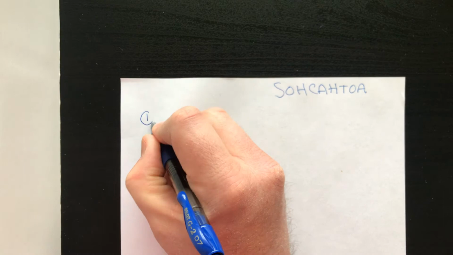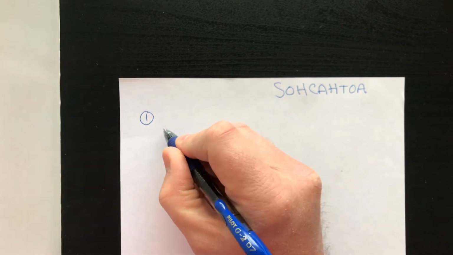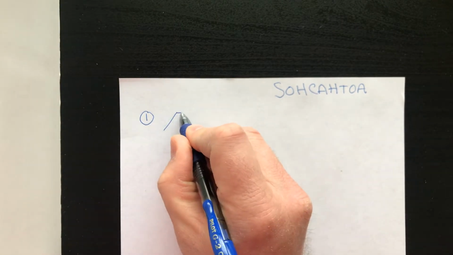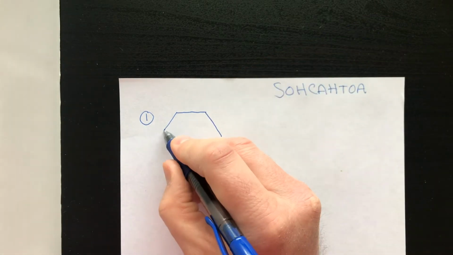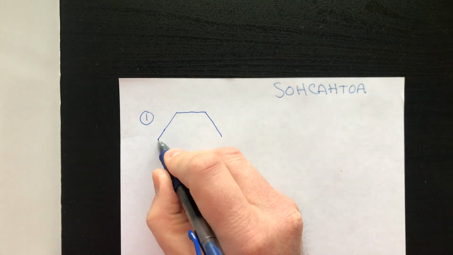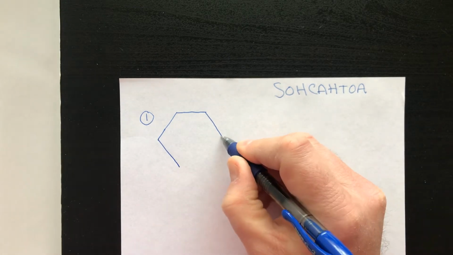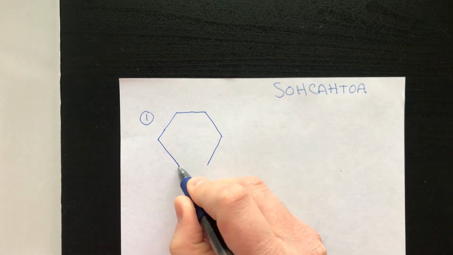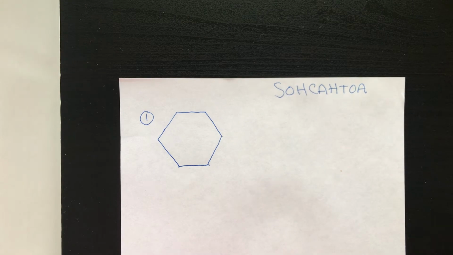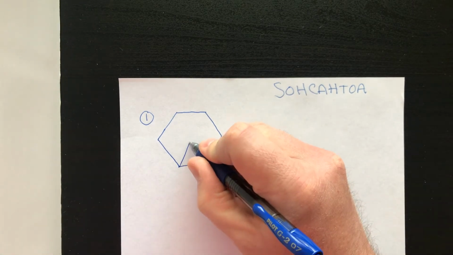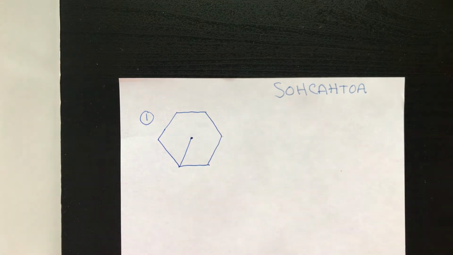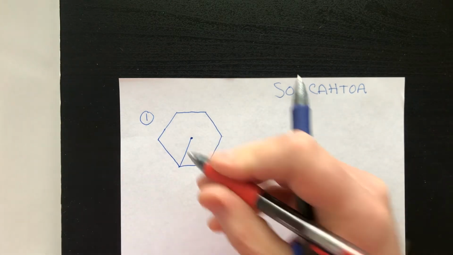So number 1, we're given a hexagon, okay? And actually, I want to draw this a little bit bigger. Okay? And they tell us that this length right here is 4 meters.